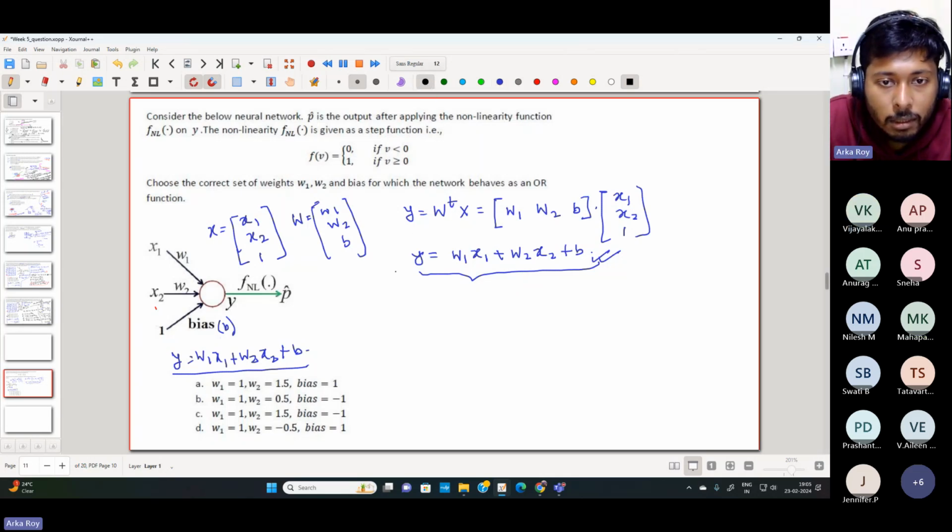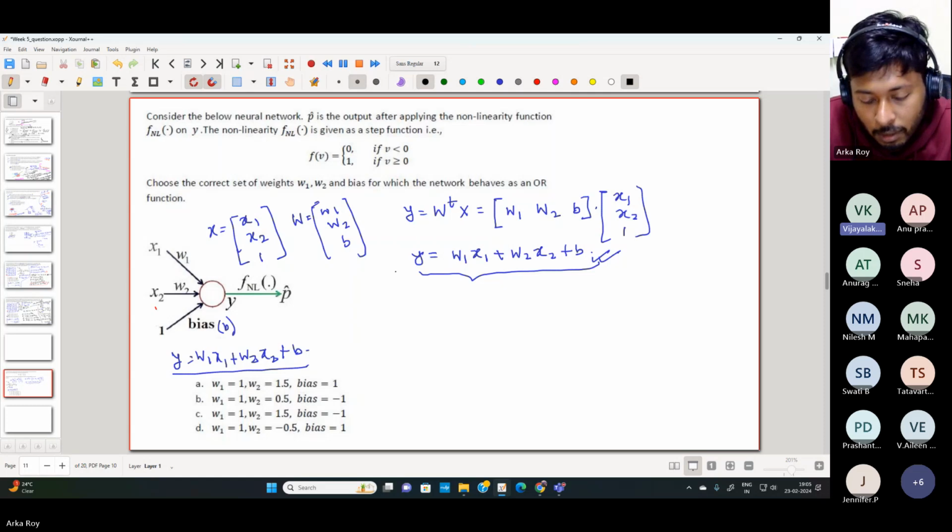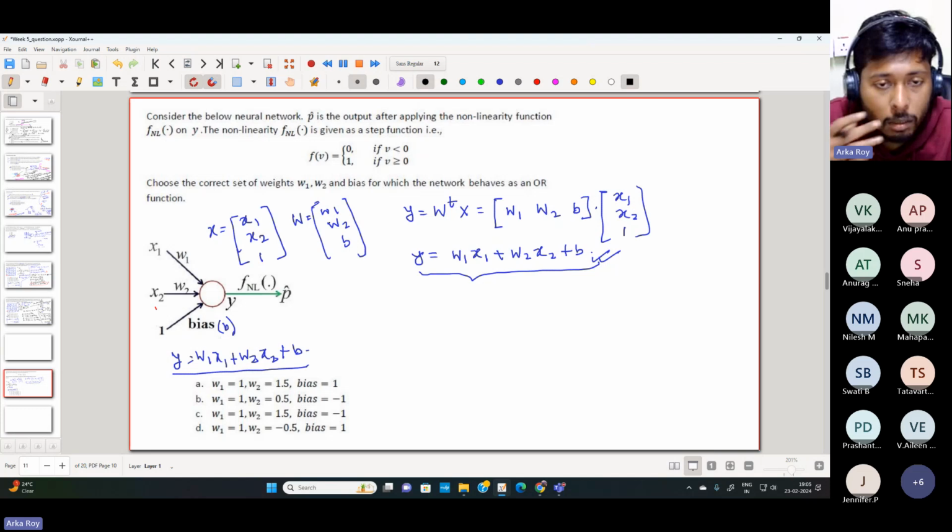Sir has included that combination also, the input combinations also as vectors, like 101. So that combination is also included inside the matrix, the input combinations, x1, x2 combinations. Yeah, that is what we are doing also.